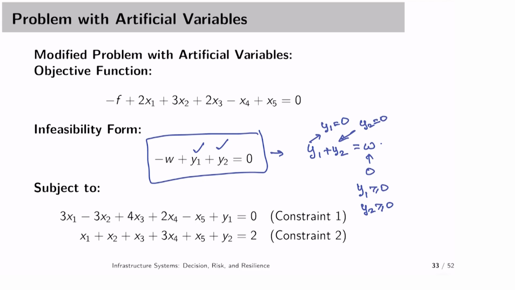We already learned that having any non-zero values of y1 and y2 would violate the consistency of the given constraints. So, for W to be 0 and y1 and y2 to be greater than equal to 0, with the infeasibility form W equal to y1 plus y2, the only admissible solution is when y1 and y2 both become equal to 0.